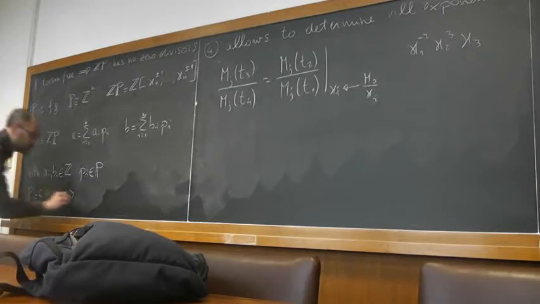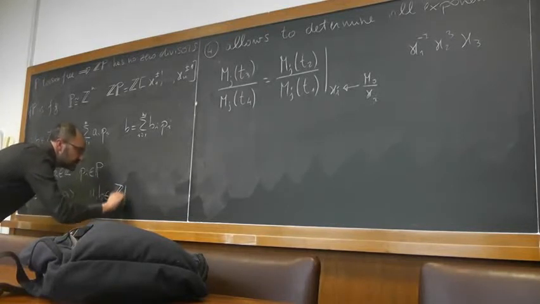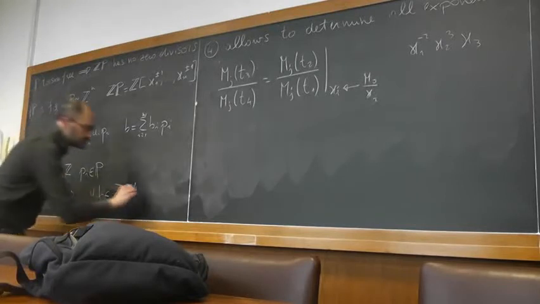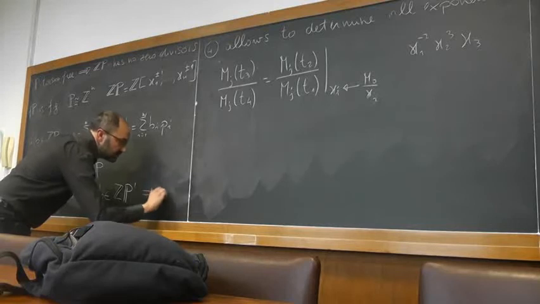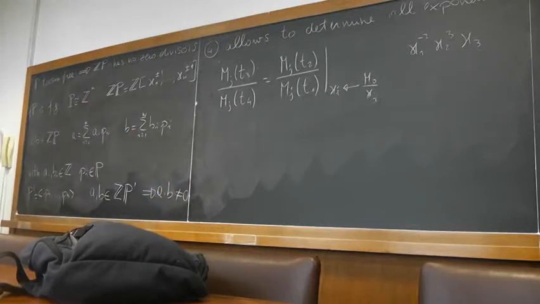And actually A and B belong to ZP prime. And so AB is not 0 if A or B are not 0.